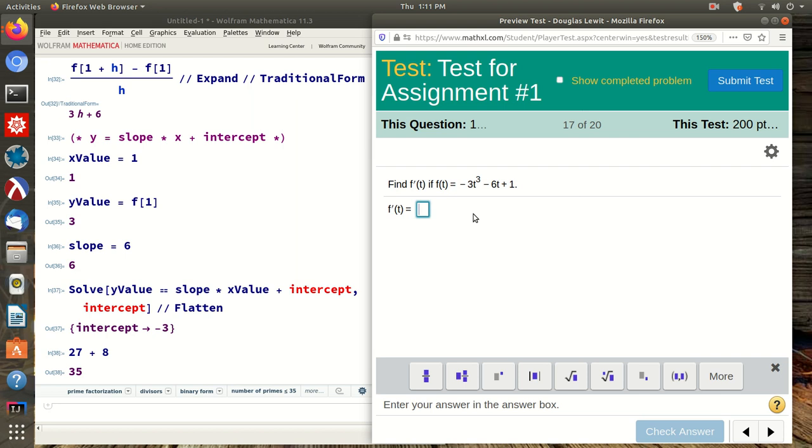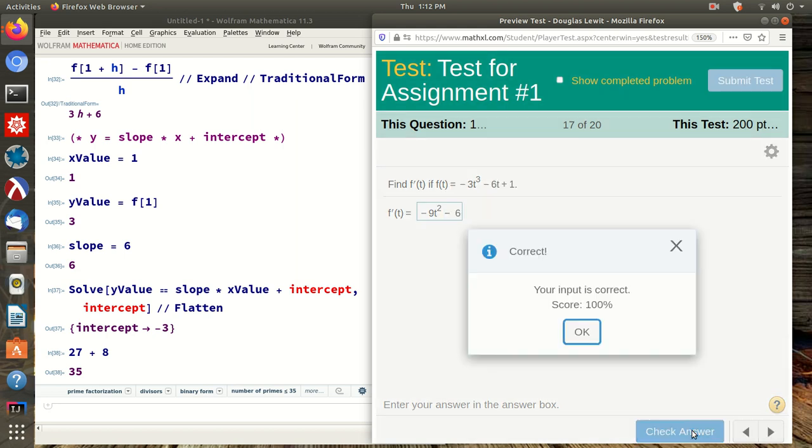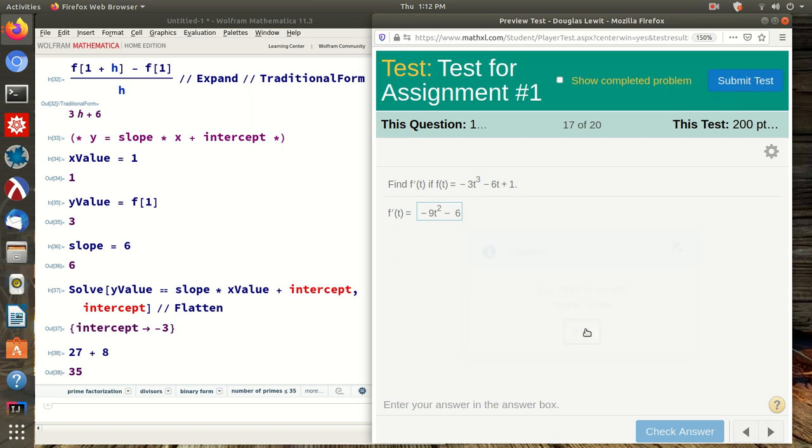So negative 3 times 3 is negative 9 times t squared, right? The power of the expression is reduced by 1. And then minus 6. And that's correct.